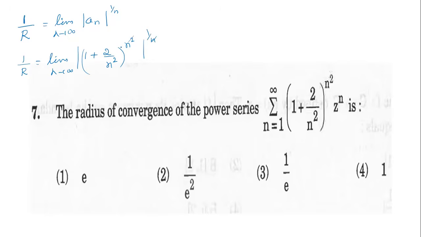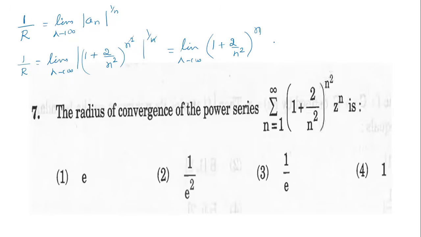This n and this 1 by n get cancelled. We get limit n tends to infinity of (1 plus 2 by n square) whole raised to n.